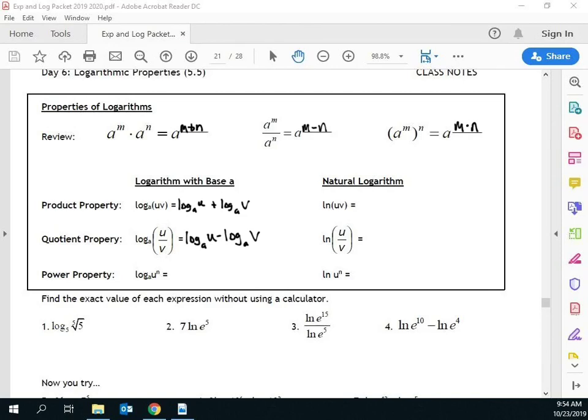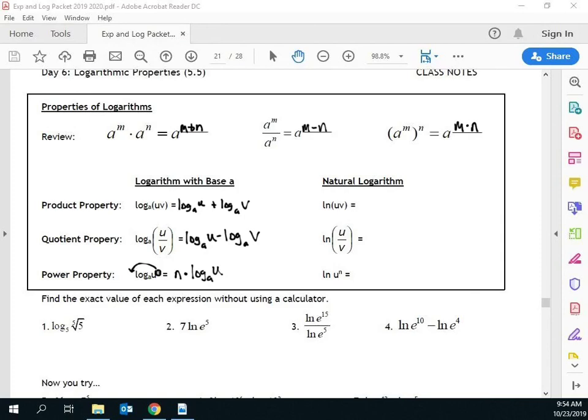And then, of course, what happens when you raise a power to a power? What did we do? You multiplied. This is going to look a little bit different, but it's going to be the same idea. Keep in mind that we're still multiplying, okay, guys? So you take the exponent in, and you just set it in front. So it's actually n times the log. And so you see that right there.